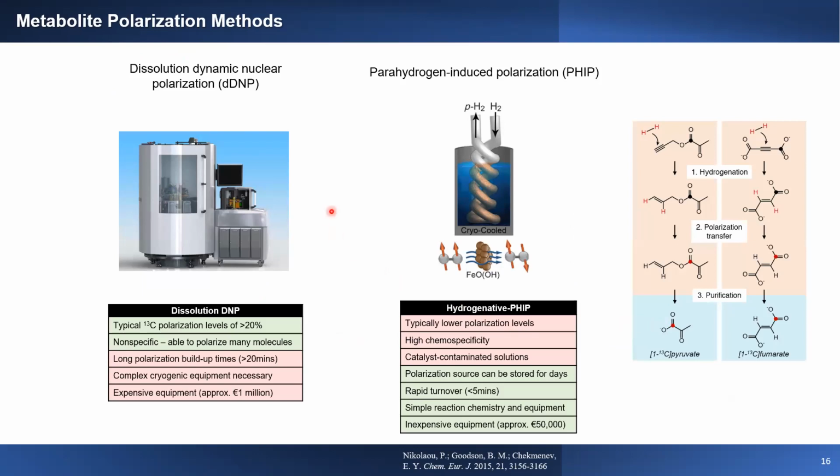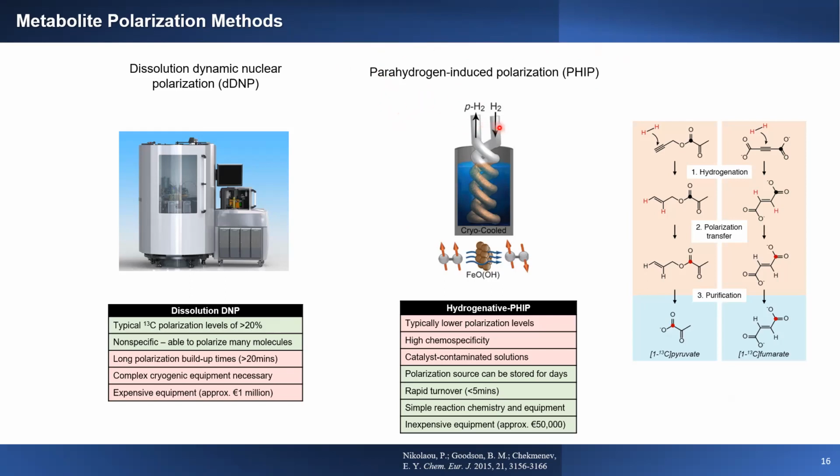Okay, so as I've said, dynamic nuclear polarization is the current gold standard for producing these hyperpolarized molecules. Two clear reasons for that: you can polarize many things, and the polarization levels you can reach are typically above 20%. But there are drawbacks to that technique that we've gone over. And so an alternative method is emerging called parahydrogen-induced polarization.